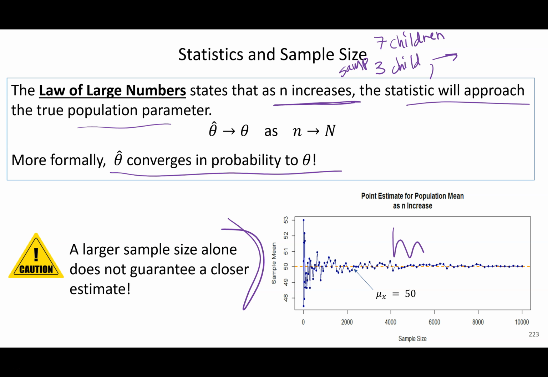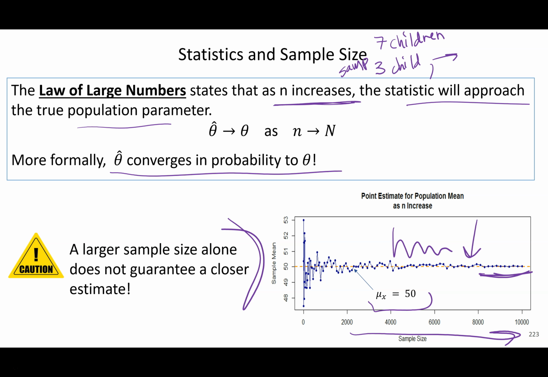So as you can see, there's some fluctuation here. As we increase the sample size, we have the scenario where the true mean is 50. It's depicted by, I don't know if it's a red or an orange line here, but there's fluctuation around it. So it doesn't just completely level off, but as the sample size gets bigger and bigger, the fluctuations stay closer and closer to the line.